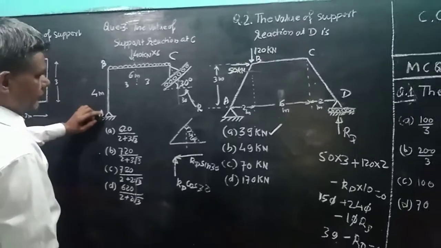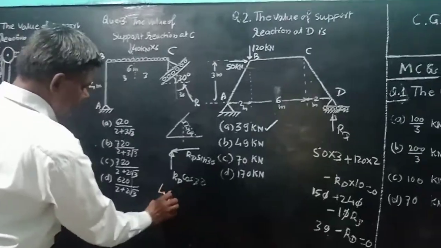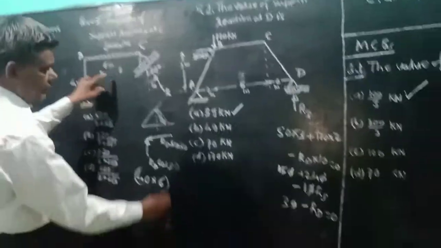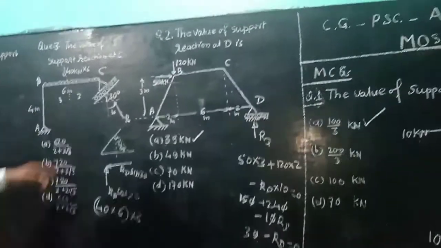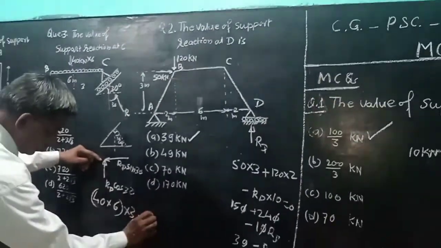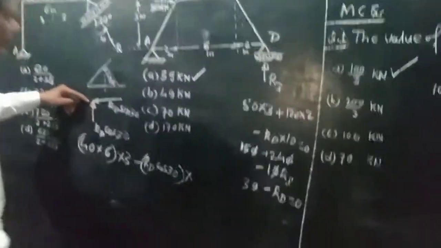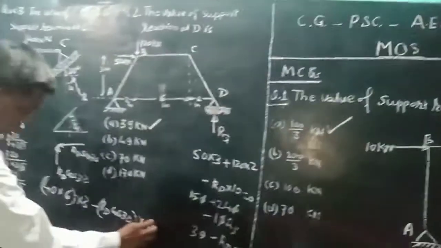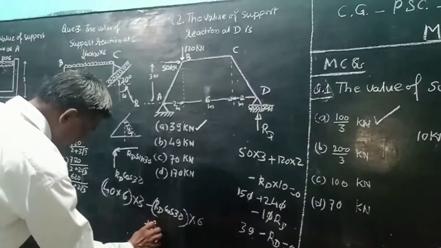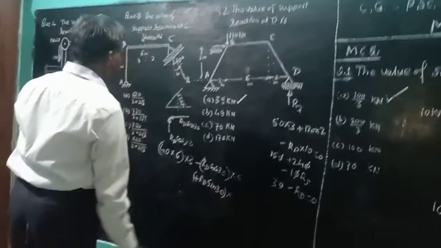So taking moment about A equal to 0: this is 40 multiplied by 6, total load, at a distance of 3 meter, minus RD cos 30 multiplied by 6, and then this side, plus RD sin 30 multiplied by 4.